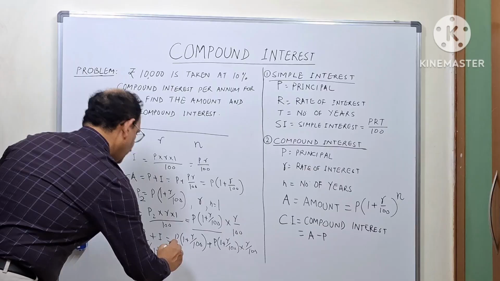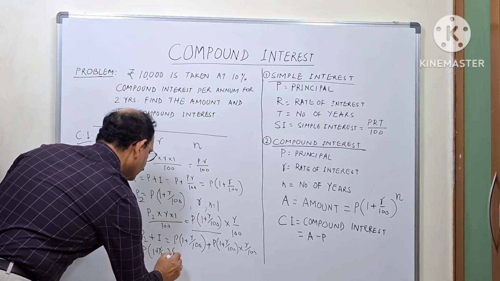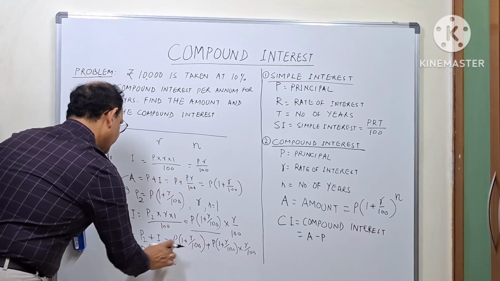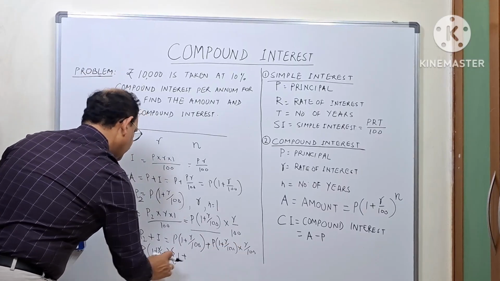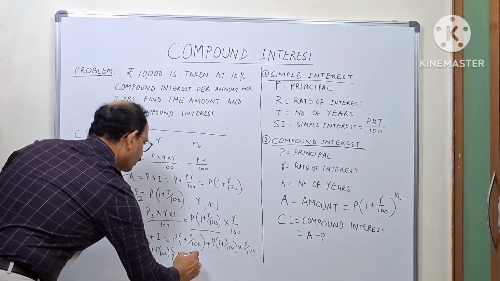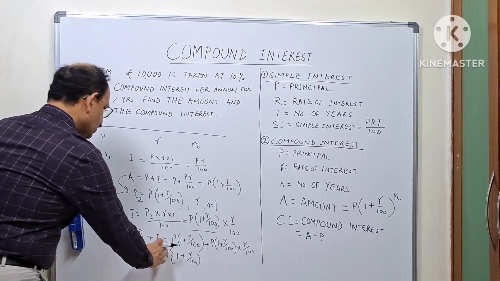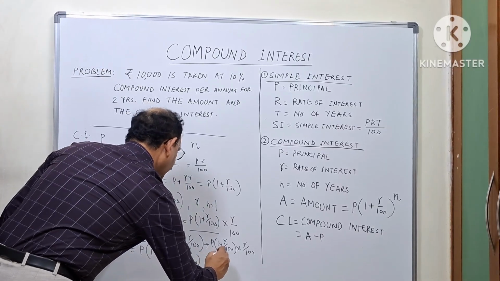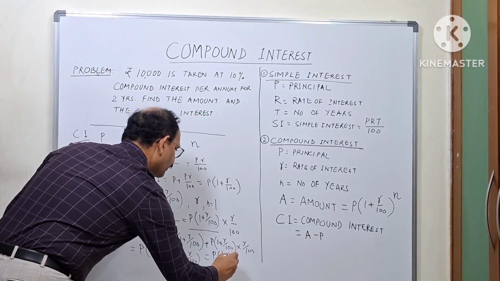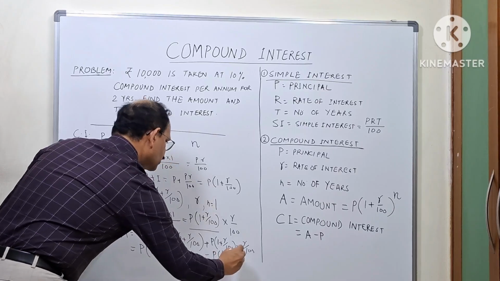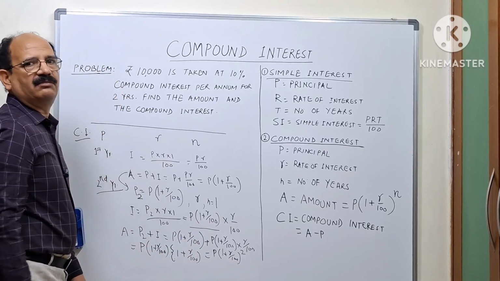right? And because I have taken this common, here it is 1. This also has come as part of the common, therefore plus R by 100, right? Which leads to P under bracket 1 plus R by 100 raised to the power 2, because this and this multiplied becomes a square.